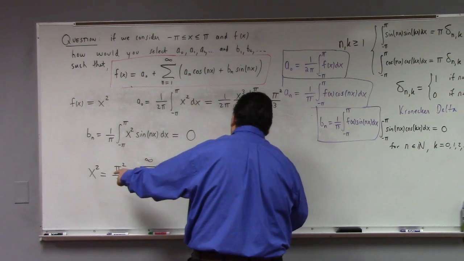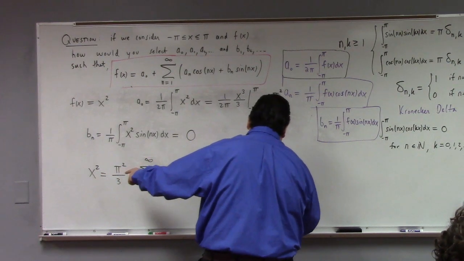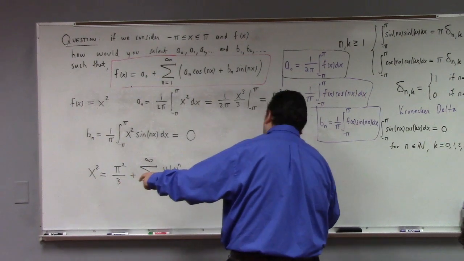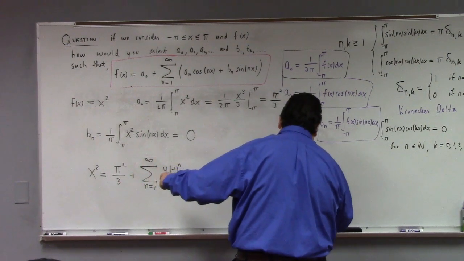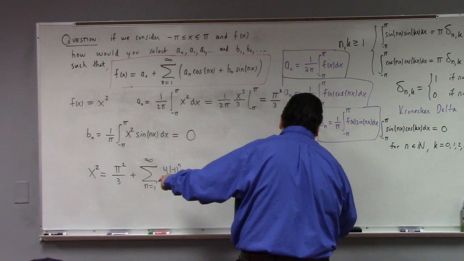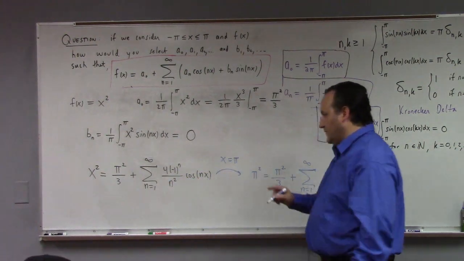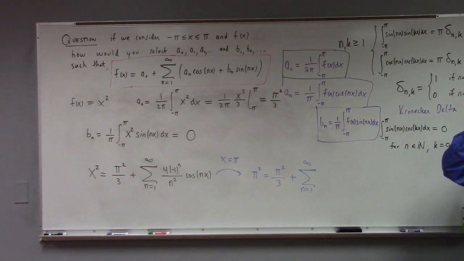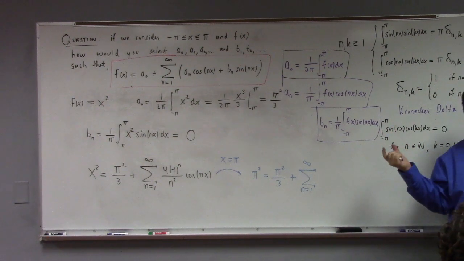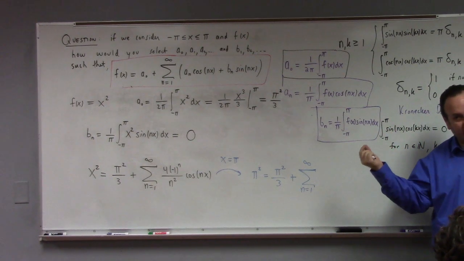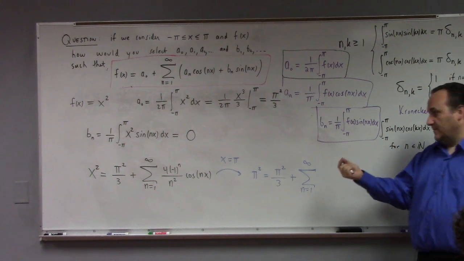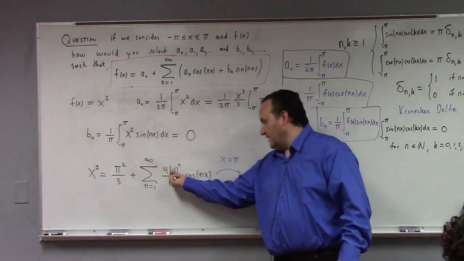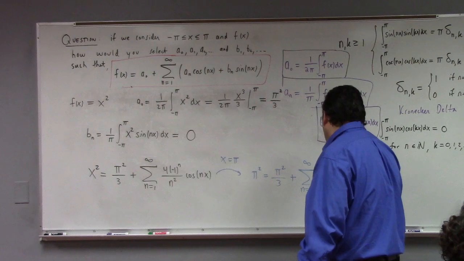You get pi squared equals pi squared over 3 plus the sum n equals 1 to infinity. What's cosine of n pi? Cosine of n pi is minus 1 to the n. So you see minus 1 to the n and minus 1 to the n multiply together to give me 1. So this kills that, and you're just left with 4 over n squared.